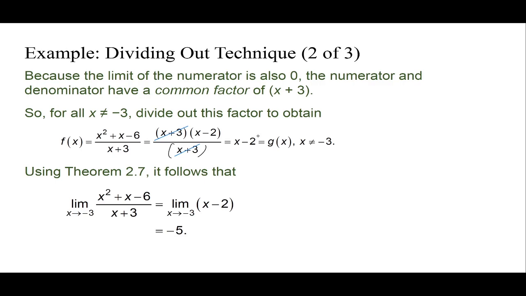So the limit of the original function is the limit of this simplified function g of x when x approaches -3, and the answer is -5. By using theorem 2.7, they are the same function except at one point where we are interested in finding the limit. So the limit of both functions when x approaches -3 has to be the same. That's why the limit is -5. So the idea is always to try to simplify and find the limit of the simplified form.